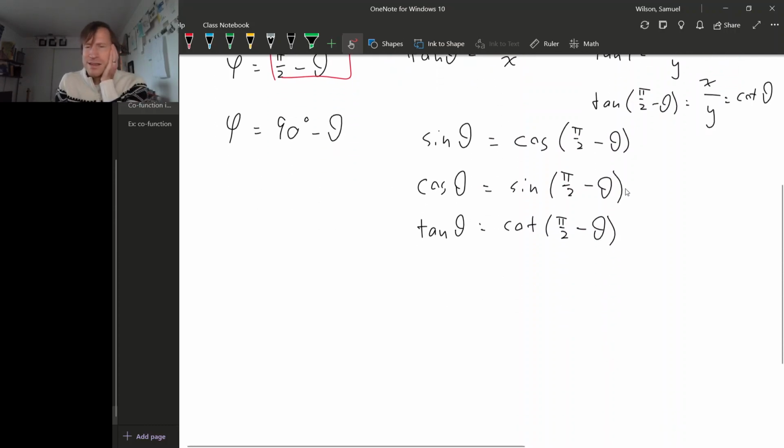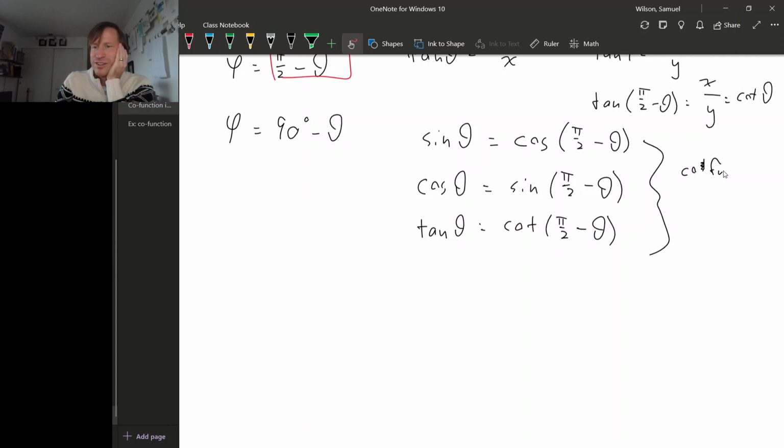So these relationships are sort of nice relationships, and these are called cofunction identities. And this actually explains part of the names of some of the trig functions. So these are called cofunctions because, right, this angle theta and this angle pi over 2 minus theta, these are complementary angles. Remember, a complementary angle is just a right angle minus the original angle, or two angles that add up to a right angle are complementary angles.